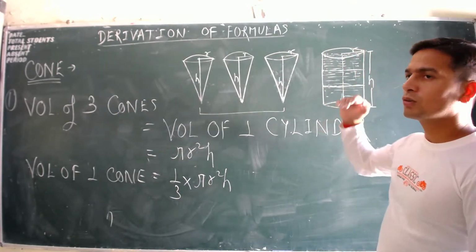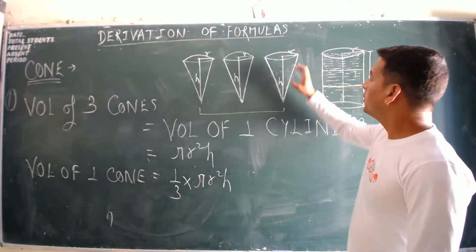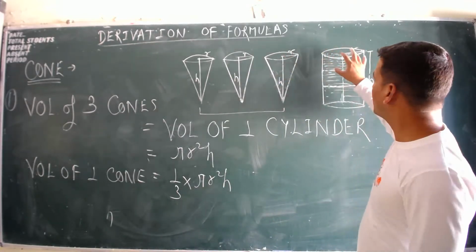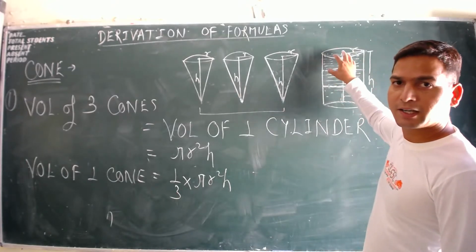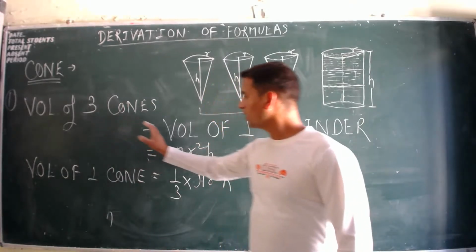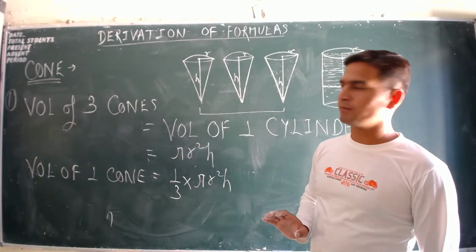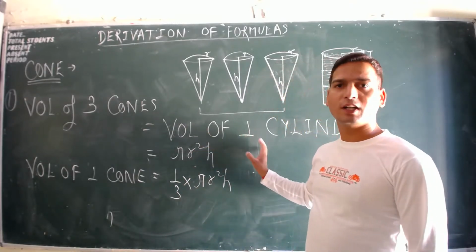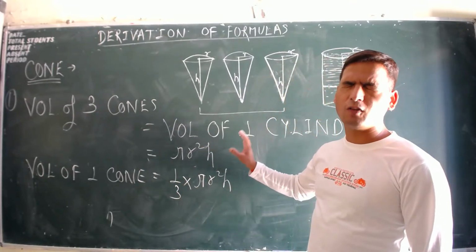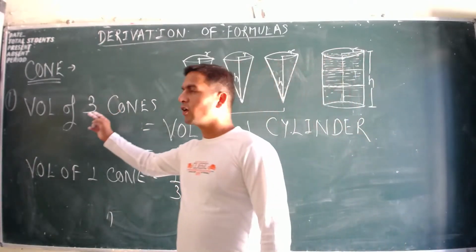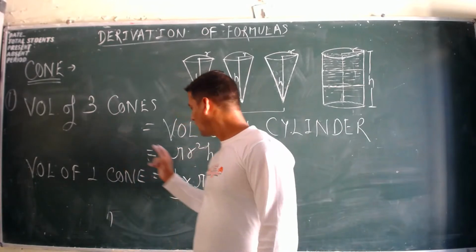So through an activity, you will know 3 volumes of this cone will completely fill this cylindrical figure, which means volume of 3 cones will be equal to the volume of cylinder. You know the formula of cylinder, pi r square h. Formula of volume of cylinder is pi r square h. Now we got the volume of 3 cones as pi r square h.